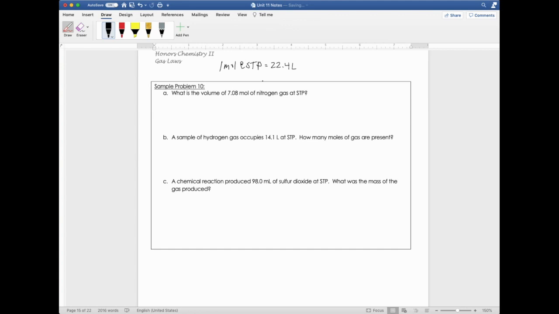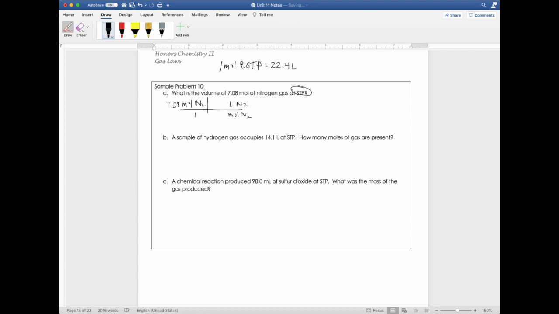So what is the volume of 7.08 moles of nitrogen gas at STP? That's important. Because we're at STP, we can use that 22.4. So I have 7.08 moles of nitrogen, and we want liters of nitrogen.